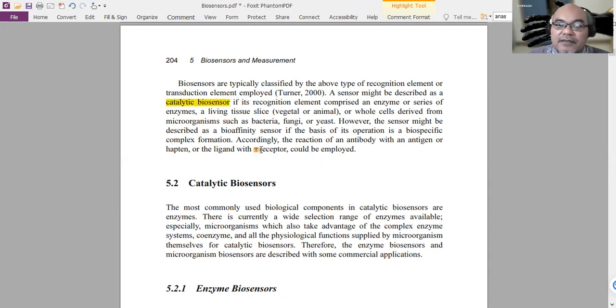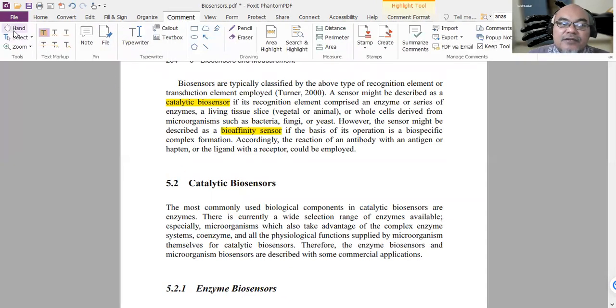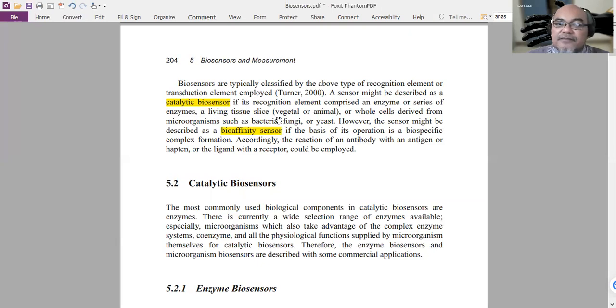The first is catalytic biosensor, the other one is bioaffinity sensor. In a catalytic biosensor, the principle is based on a catalysis reaction, while bioaffinity is based on the binding between the recognition element and the analyte to form a bispecific complex. Accordingly, the reaction of antibody with antigen or hapten, or the ligand with the receptor, would be employed.